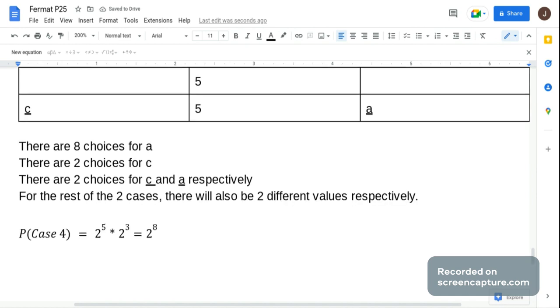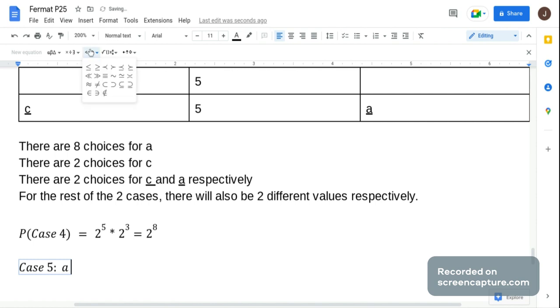Case 5 is equal to A is not equal to 5, C is not equal to 5, A plus C not a multiple of 5.